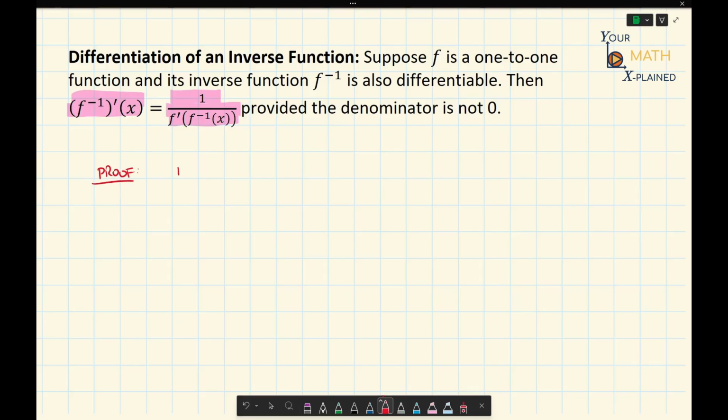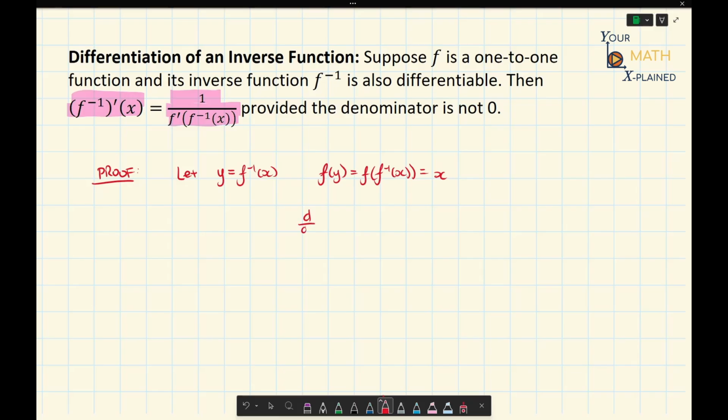What we're going to do is we're going to let y be equal to f inverse of x. Then by the definition of an inverse function, f of y is going to be equal to f of f inverse of x, which is equal to x. And now we're going to take the derivative of both sides of this equation with respect to x.